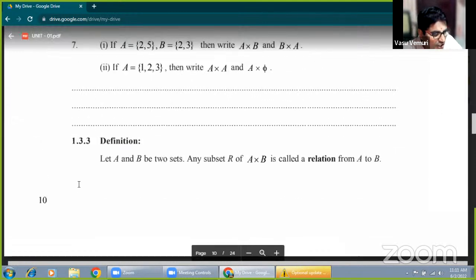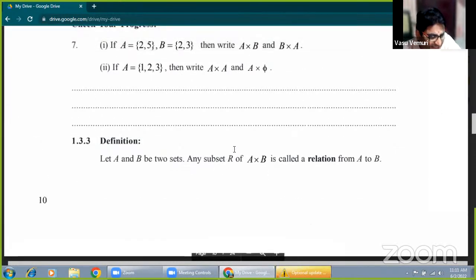Okay. First of all, what is a relation? Here R is any one relation, denoted as a subset.